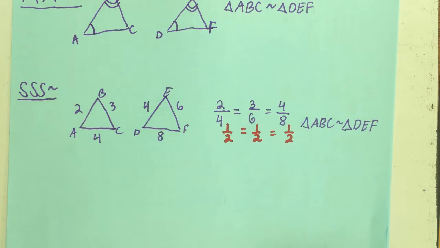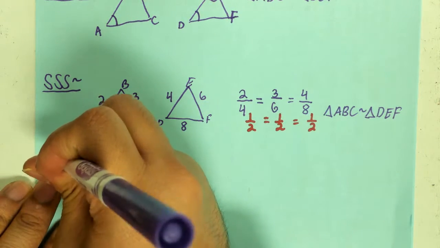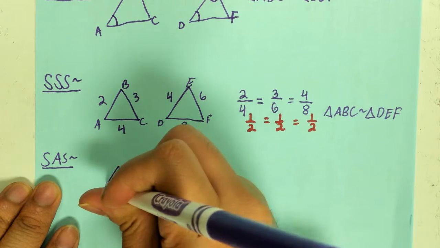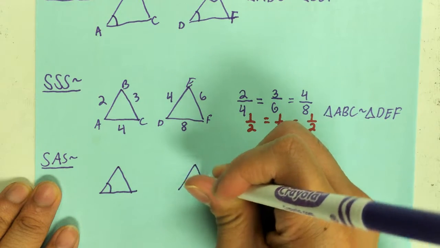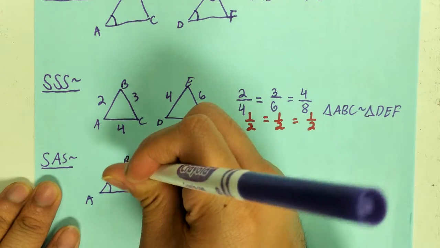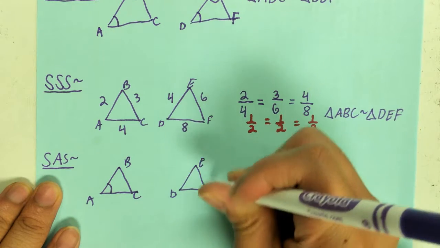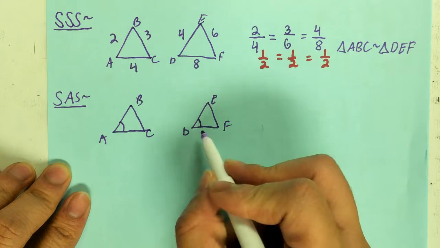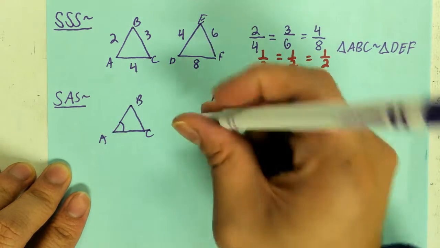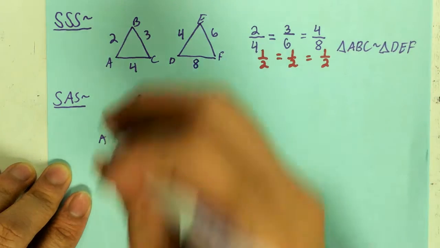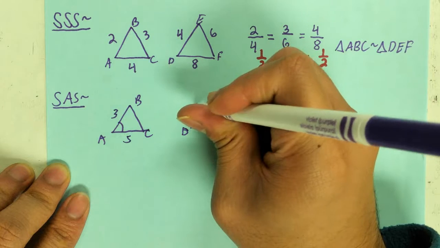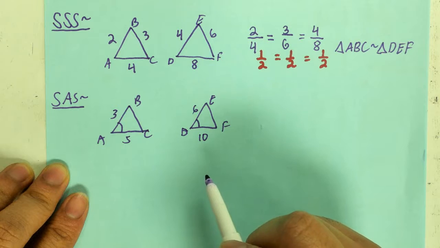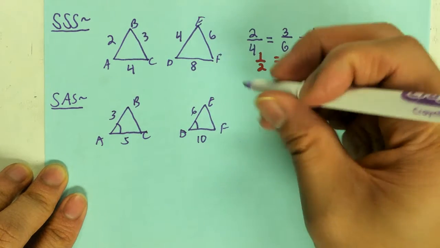The third way we can tell if triangles are similar is through side, angle, side. This tells us that if we have two triangles where the two triangles have an angle that's congruent with each other, and side measures, we have to check their proportion again.